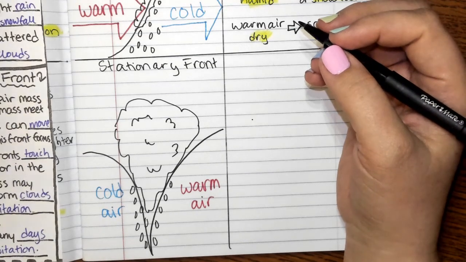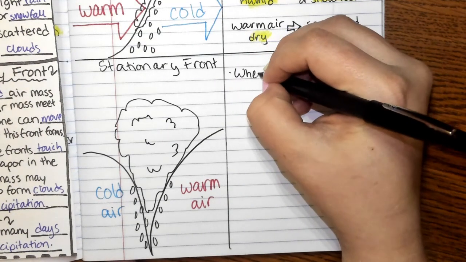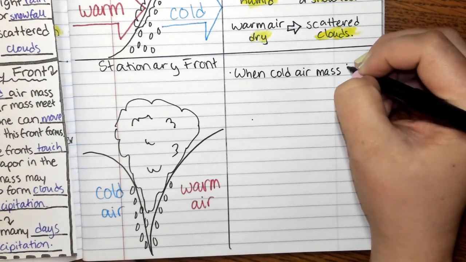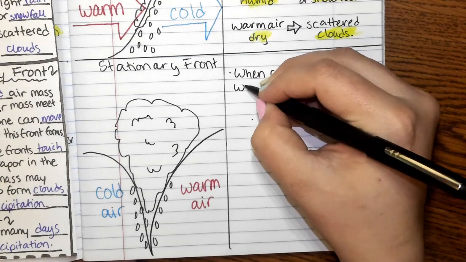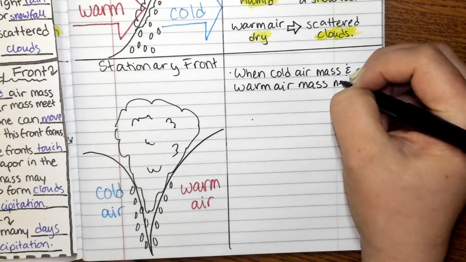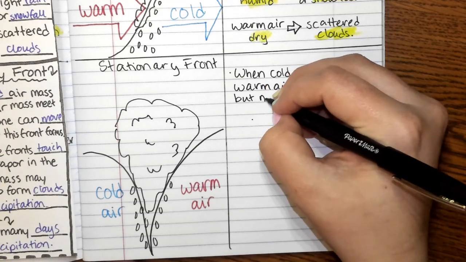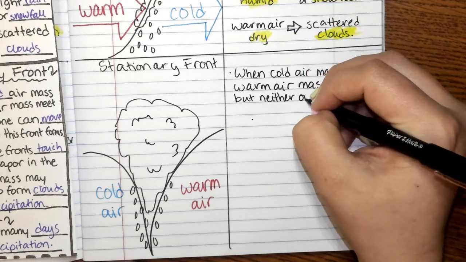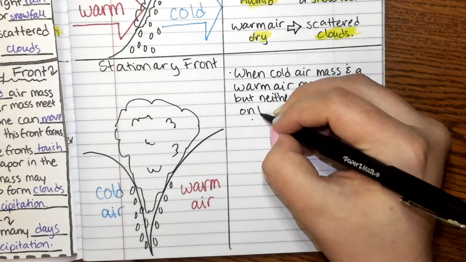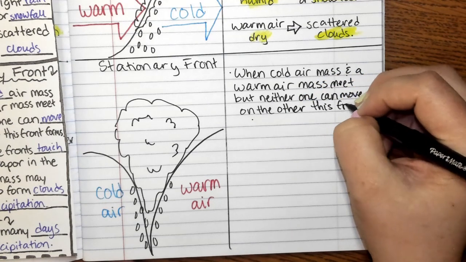Stationary fronts are interesting. That is when a cold air mass and a warm air mass meet. But neither one can move on the other. This front is going to form.